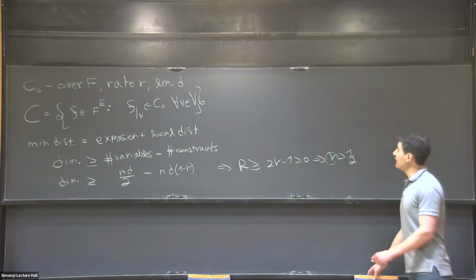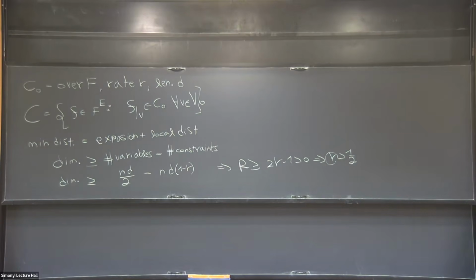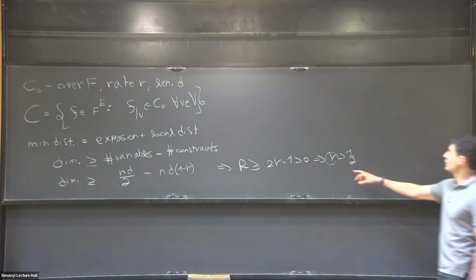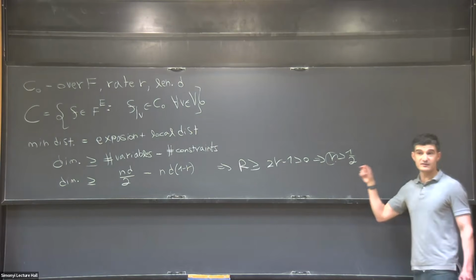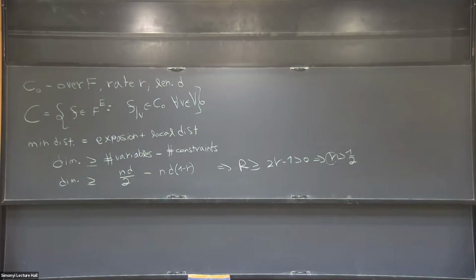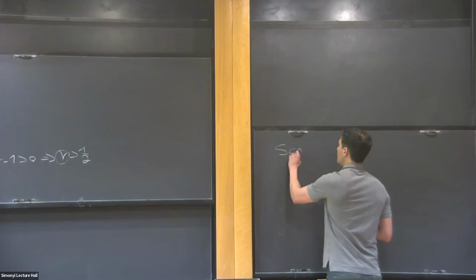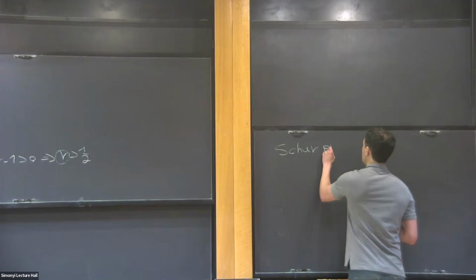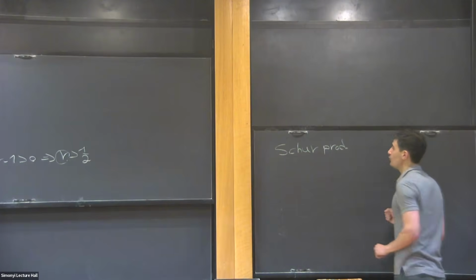Okay, so mathematically it's interesting, but let me tell you one more reason why it might be interesting to consider expander codes with local rate less than 1/2. Let me tell you about the Schur product of two vectors.